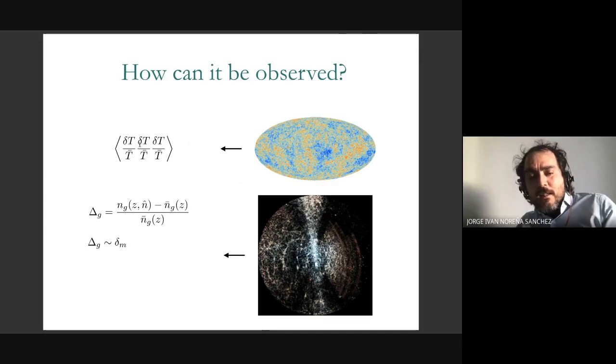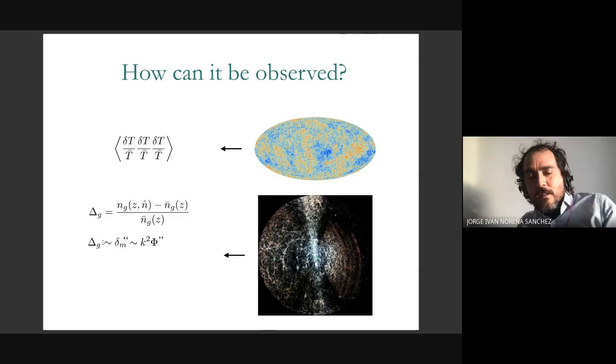And maybe we can improve with the large-scale structure, where we look at galaxy number density. And of course, using the Poisson equation naively, the galaxy number density is proportional to the matter density. Galaxies form where matter dominates the gravitational potential.